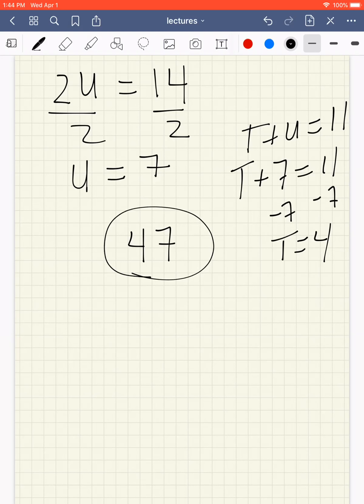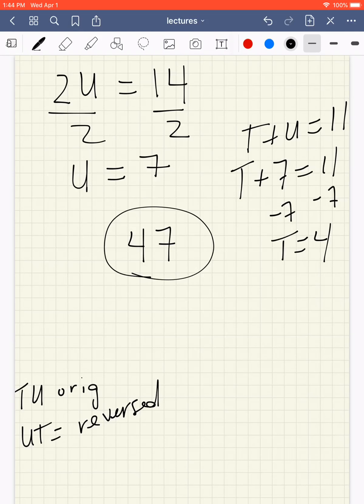If it's asking for the original number, just remember it's TU. If it's wanting the reverse, it's just UT. This one was asking for the original number, so we're done at 47.